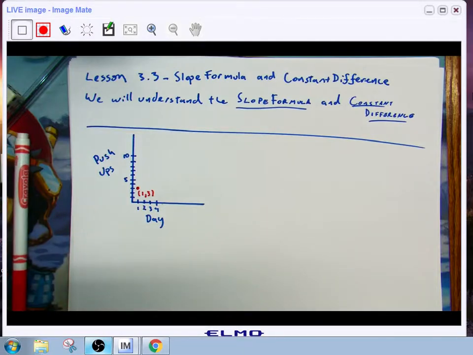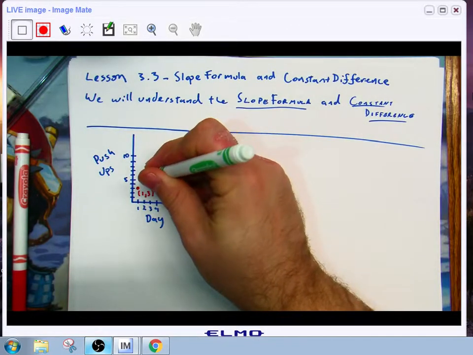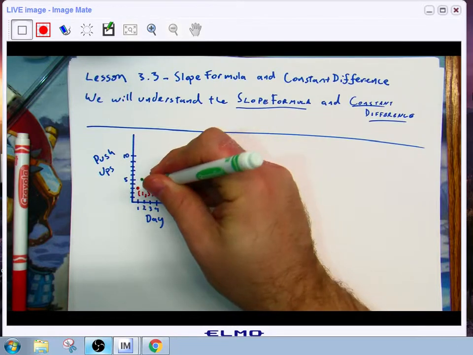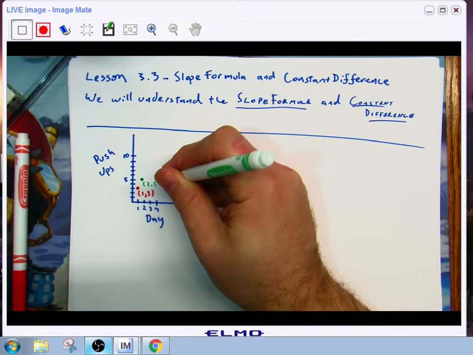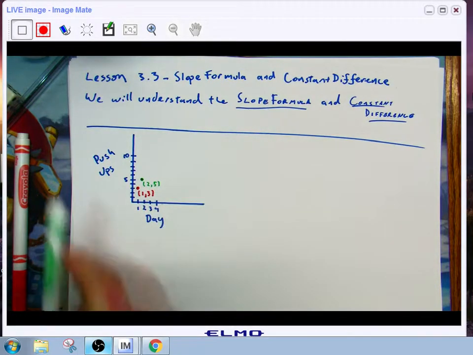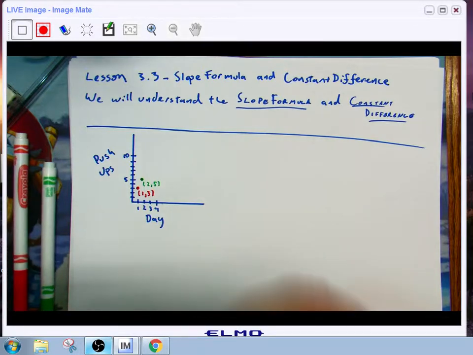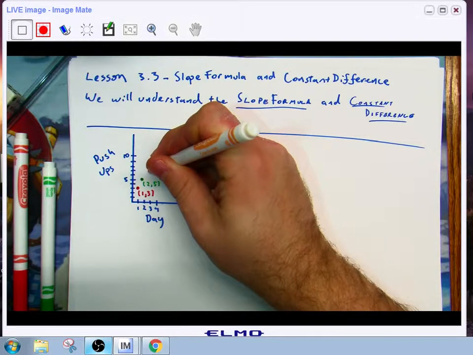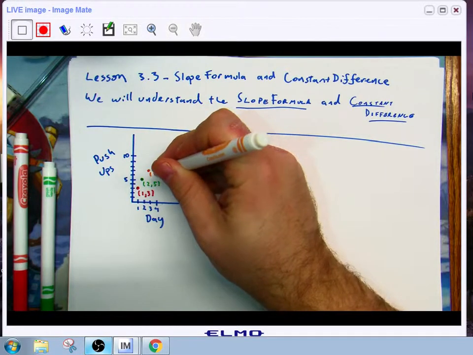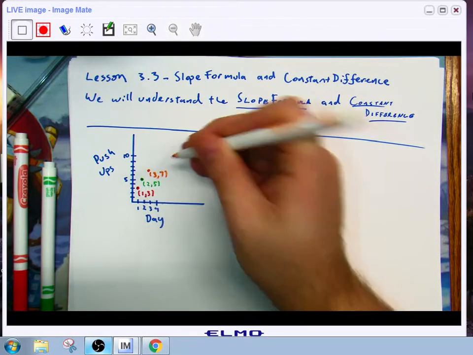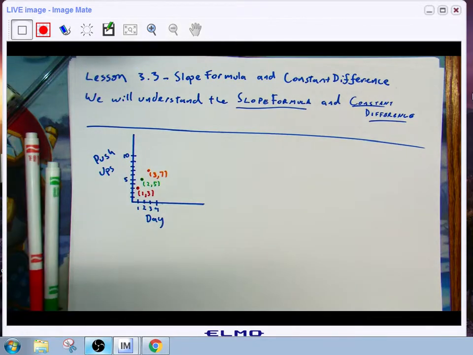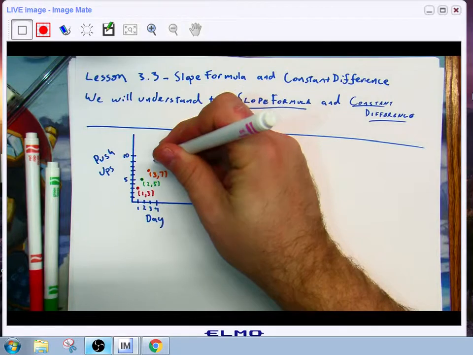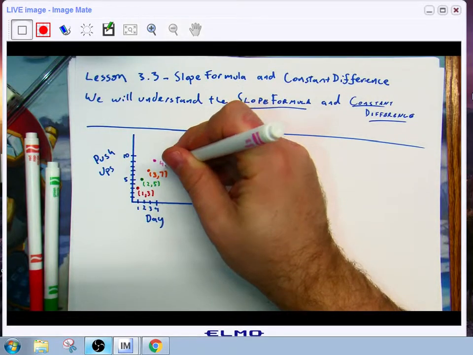On day 2 he did 5 push-ups, so the ordered pair is 2, 5. On day 3, let's go orange, he did 7 push-ups: 3, 7. And on day 4, let's go pink, he did 9 push-ups.